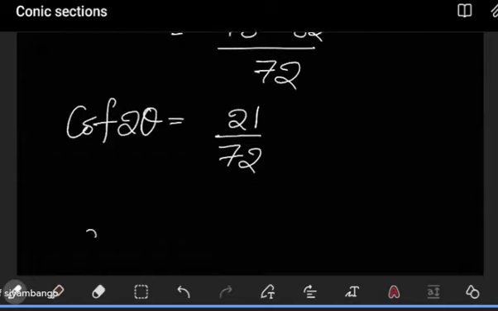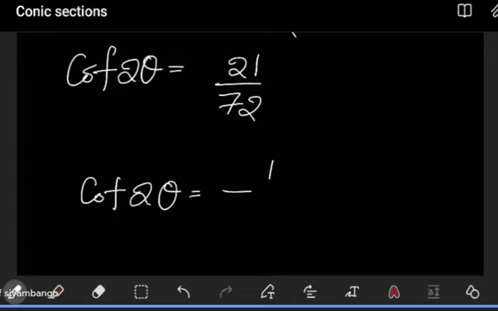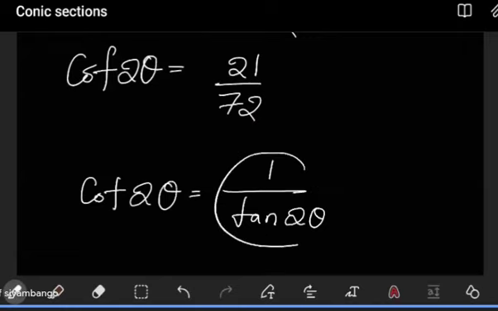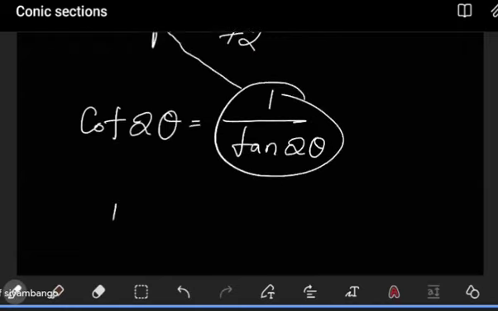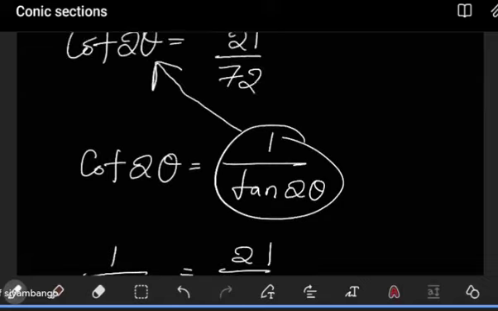Now we recall the same identity we used earlier on, cot 2 theta is equal to 1 over tan 2 theta. Where there's cot, we can put that. So you can have 1 over tan 2 theta being equal to 21 over 72.